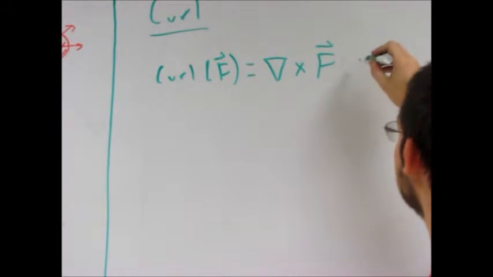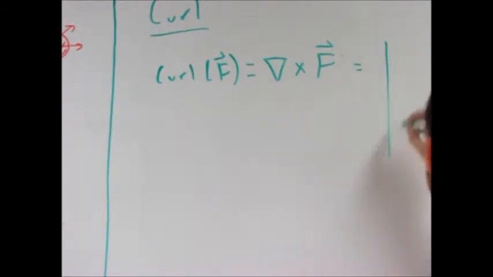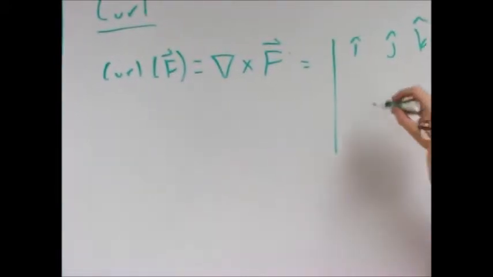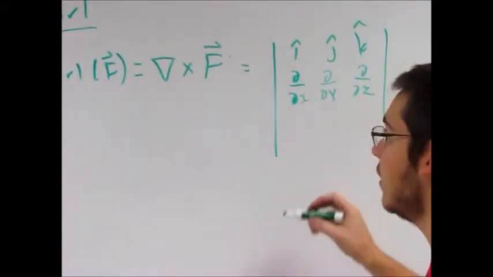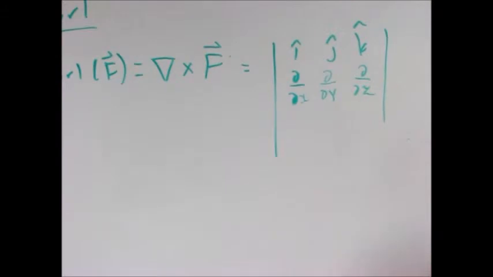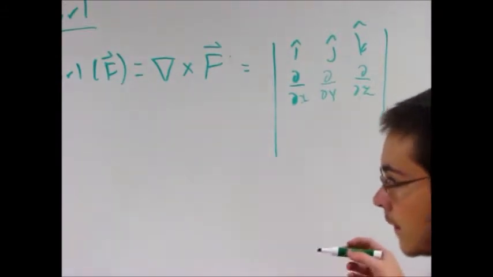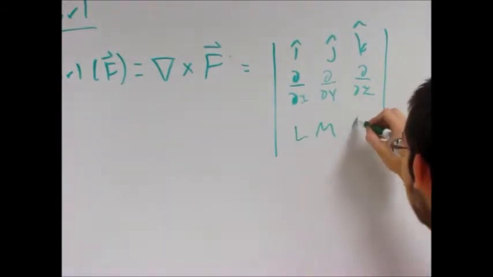As we know, the cross product is the determinant of this matrix. So there's a partial with respect to x, partial with respect to y, and partial with respect to z. And just like the cross product, curl is a 3-dimensional thing. We say L, M, and N.